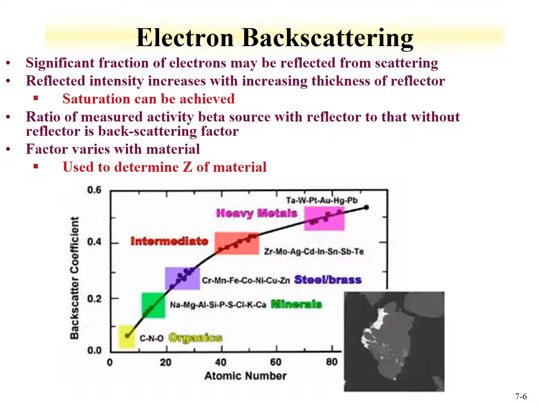And one of the things we actually evaluate is that there's an increase in backscattering with the atomic number of a material. So imagine that you can determine a backscattering coefficient, and along this figure, you can figure out the Z of the material that's causing the backscatter. And coupling this with microscopy, backscattering is a method to determine composition of samples under examination.